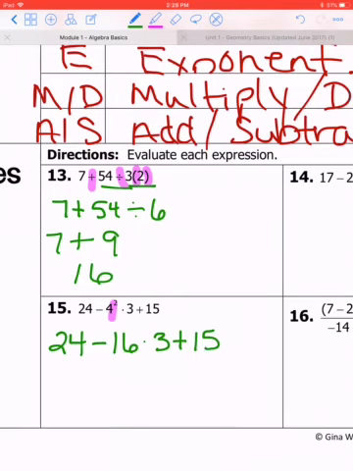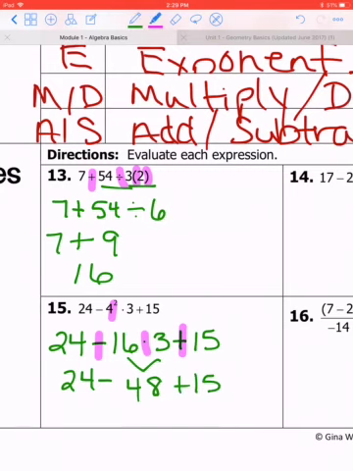So now look what's going on in my problem. I have a subtraction, a multiplication, and addition. So I need to do the multiplication part first. So I'm still going to have 24 minus. So I'm going to do 16 times 3. So 3 times 6 is 18. 3 times 1 plus 1, that's going to give you 48.